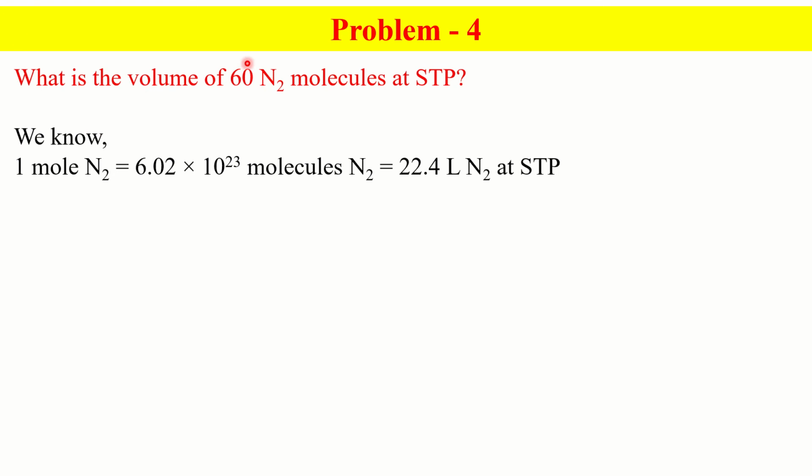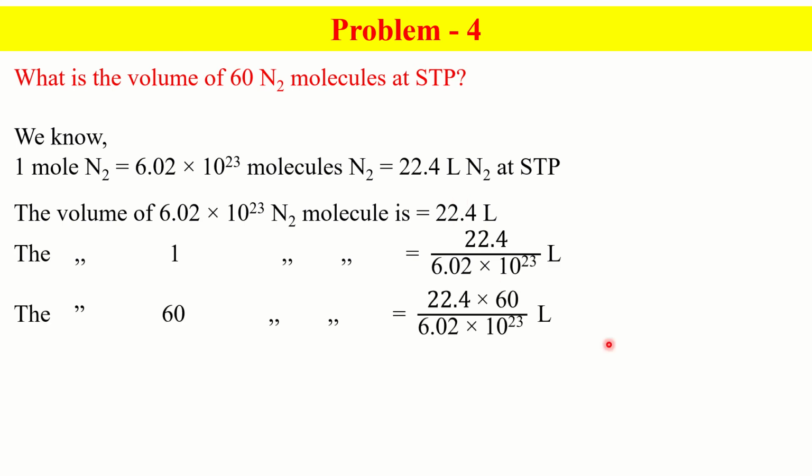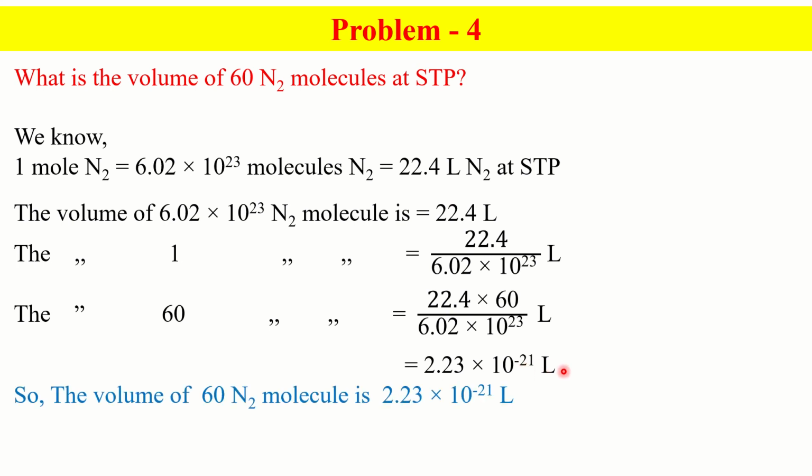So the volume of 6.02 into 10 to the power 23 molecules nitrogen equal 22.4 liter. So the volume of 60 nitrogen molecules comes 2.23 into 10 to the power minus 21 liter. And the answer is 2.23 into 10 to the power minus 21 liter.